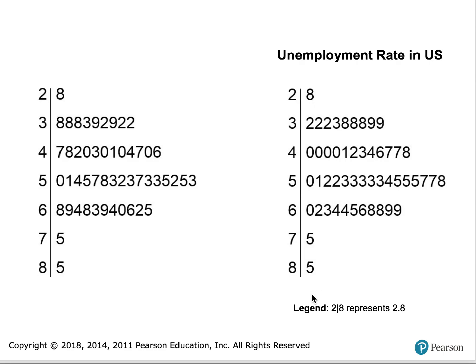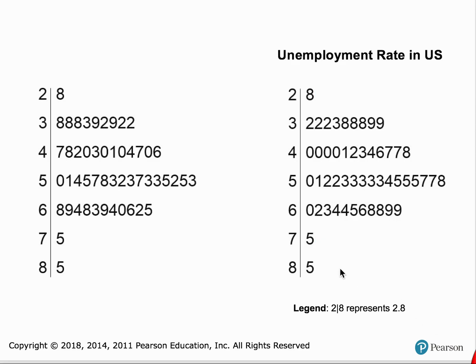All right. Notice that the stem and leaf plot looks much like a histogram turned on its side. So look, if I turn this on its side, I could see the shape of the histogram that's going to give me.